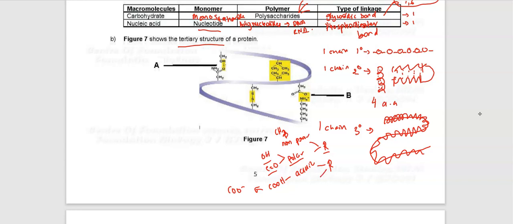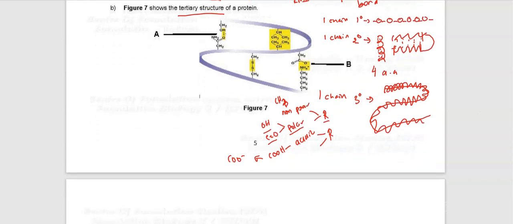And then another type of amino acid is basic, where in the side chain it has the amino group. So if in the aqueous solution or in the cell, it will ionize to become NH3 plus.